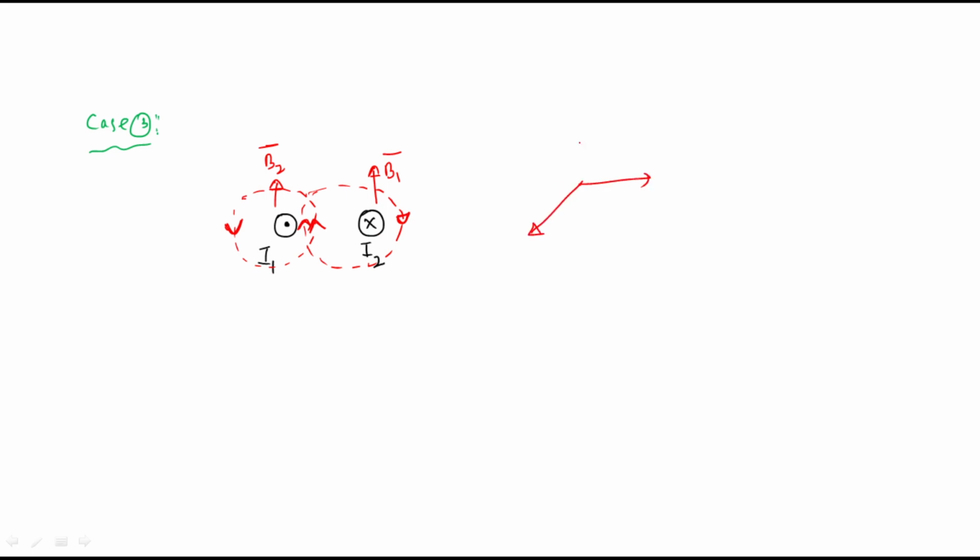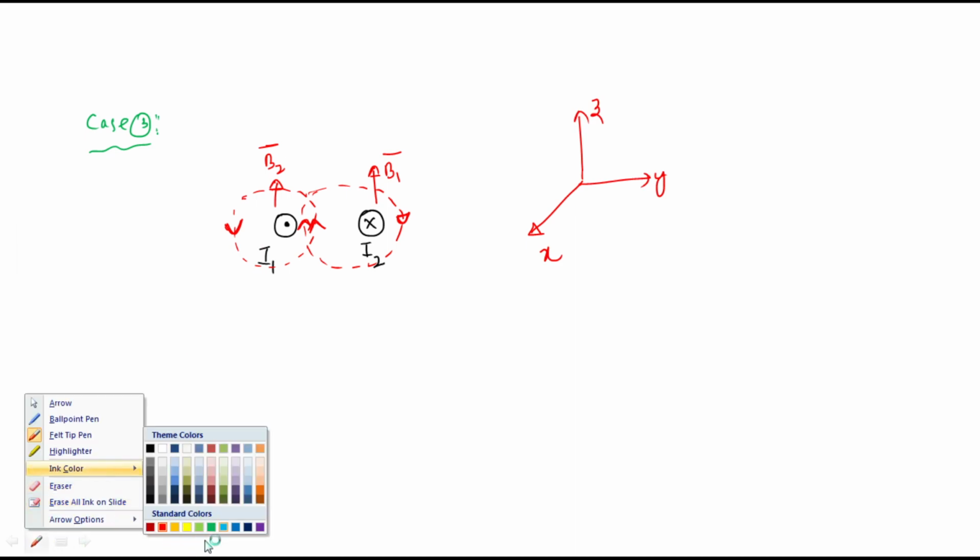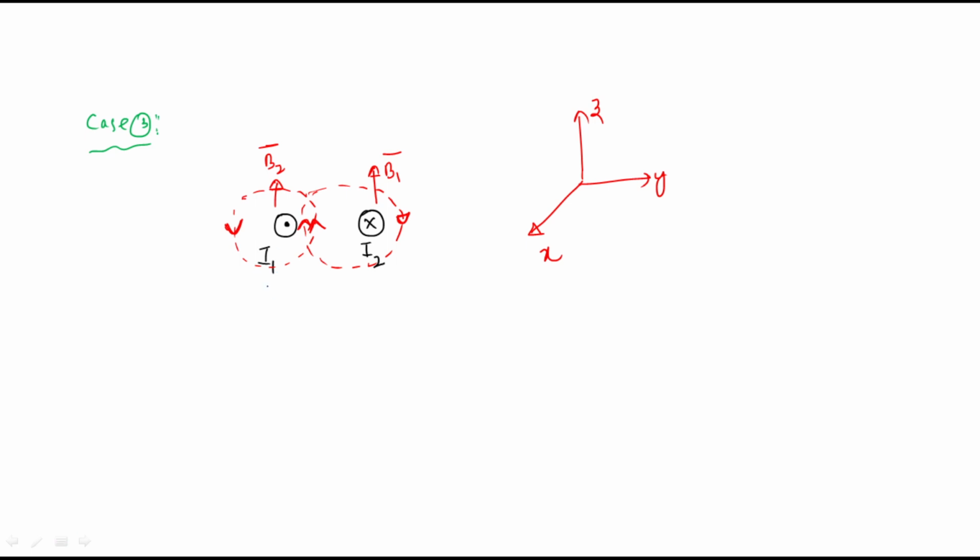x, y, z. So current is out of the plane. If it is out of the plane, we all know that out of the plane is nothing but ax cap. Coming to B2, it is az cap, same direction as z. This is the same direction as x, that's why positive value. So the resultant is ax cross az, right?